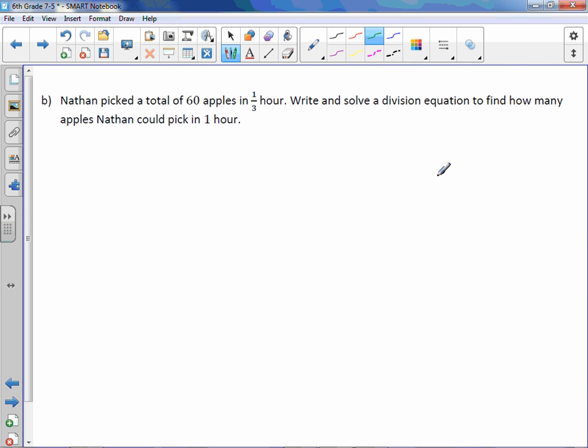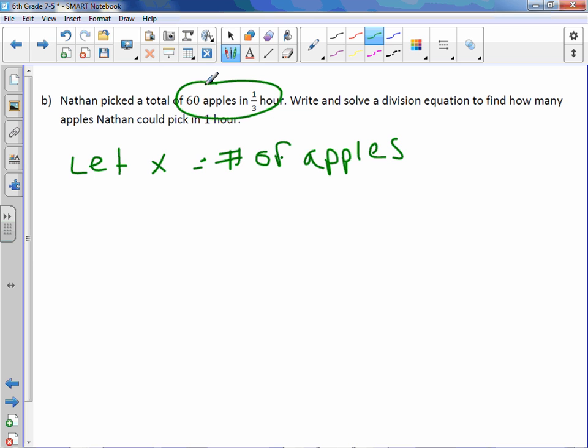Nathan picked a total of 60 apples in a third of an hour. Write and solve a division equation to find how many apples Nathan could pick in 1 hour. So, let x equal number of apples. Now, 60 are picked in 1/3 of an hour.